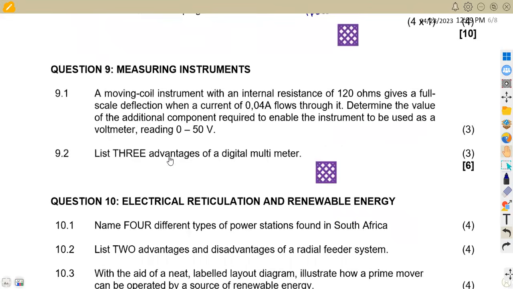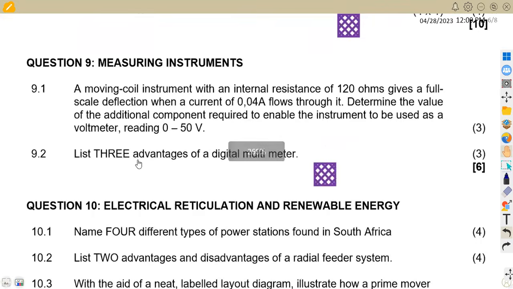Then question 9 is measuring instruments. In this case, we have a moving coil. Check, guys, whether the information tells you that you are going to have a multiplier on your circuit or a shunt resistor. We are given that a moving coil instrument with an internal resistance of 120 ohms gives a full-scale deflection current of 0.04 amps through it.